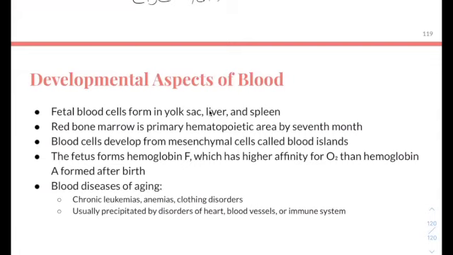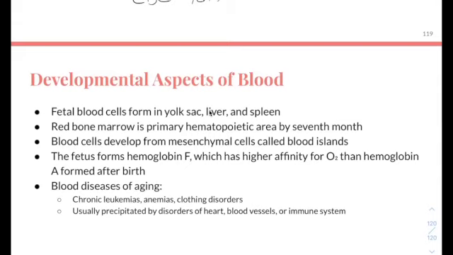The fetus forms hemoglobin F. F is for fetus. It has a much higher affinity for oxygen than hemoglobin A, which is formed after birth.